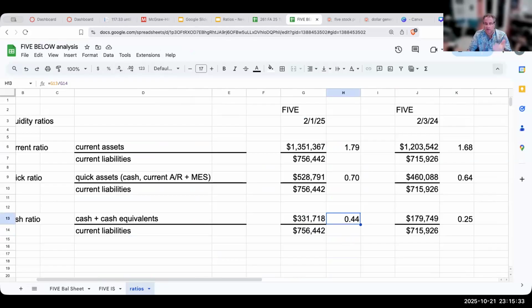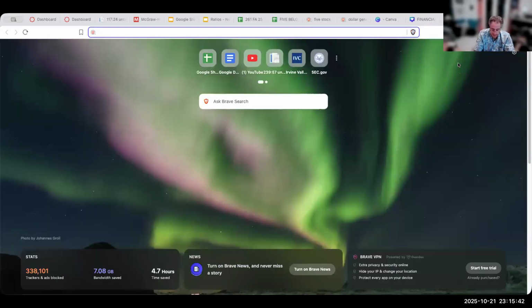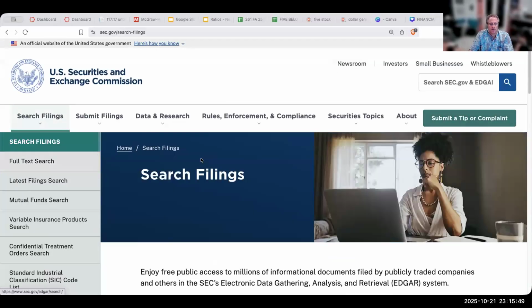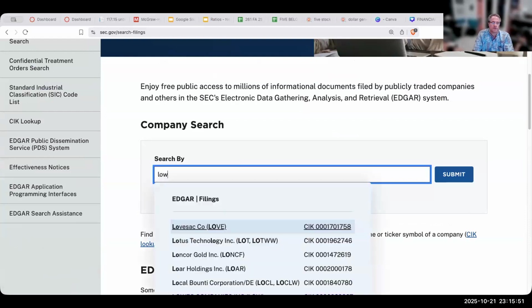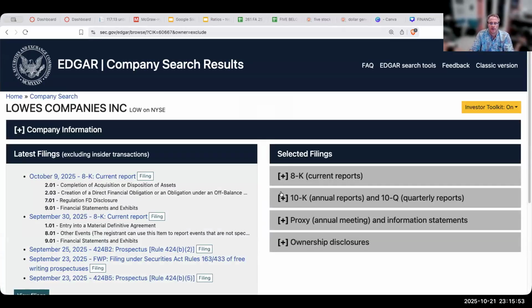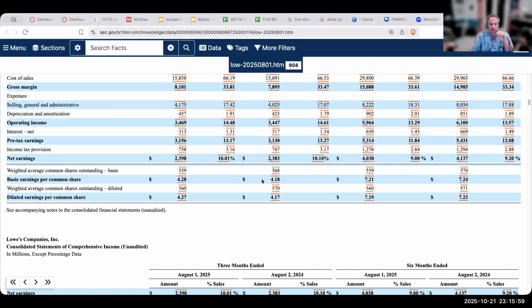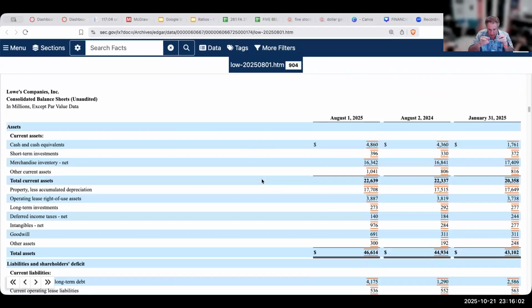Now, one other thing I just want to show you, and again, when we do ratios, this is why we're generally going to be comparing them to other companies that are in the same industry. One of the ones that may scare you is Lowe's, which is much closer to the Home Depot.